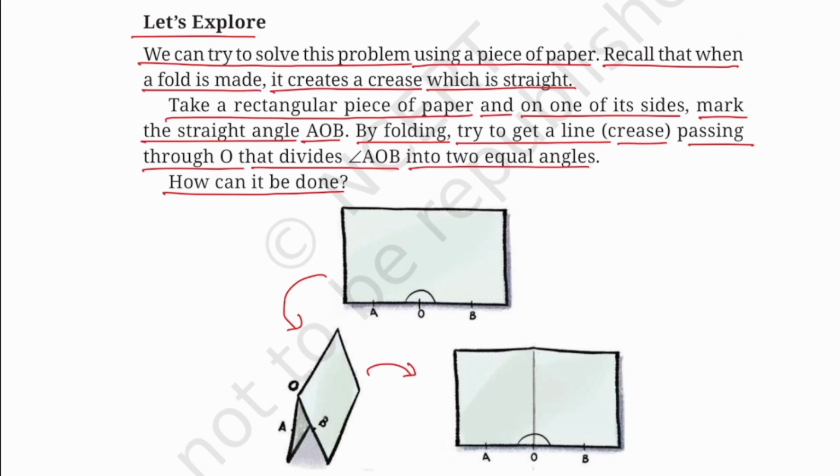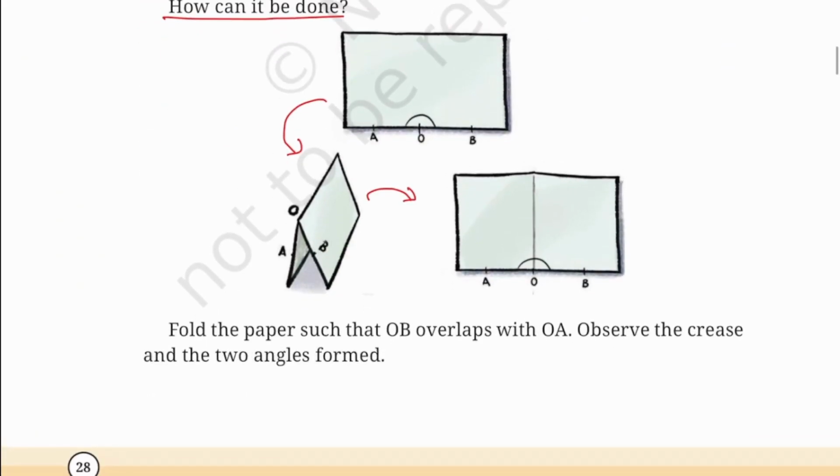Follow these steps. Fold the paper such that OB overlaps with OA. Observe the crease and the two angles formed.